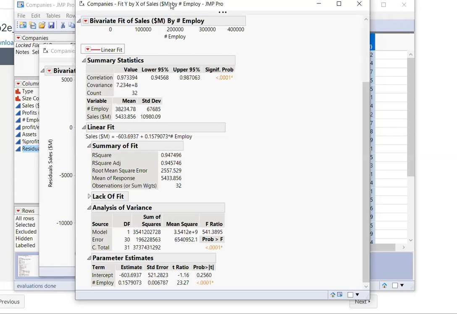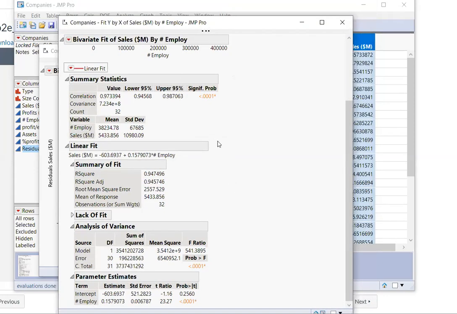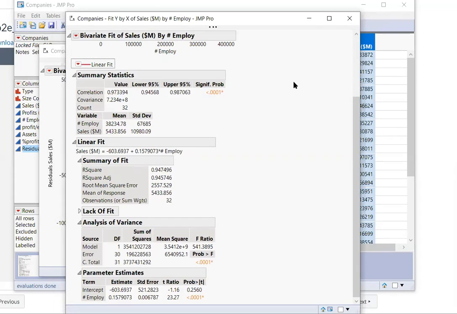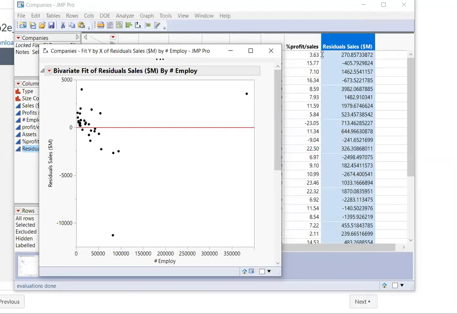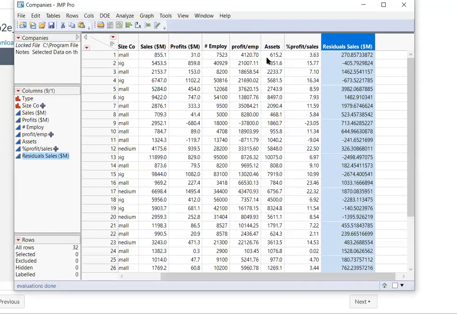So let's try to resolve these problems and see if this can be resolved. One of the things affecting this is the effect of an outlier. I know this model is not working for me, so I close this, and I check for outliers.